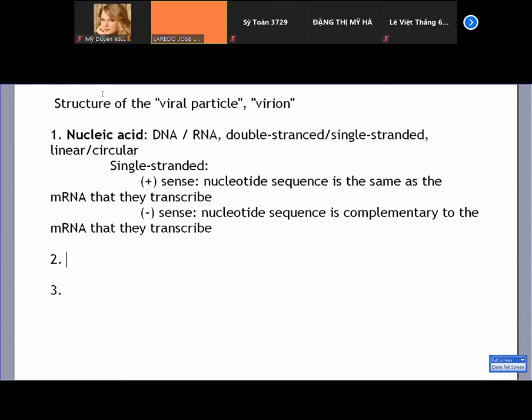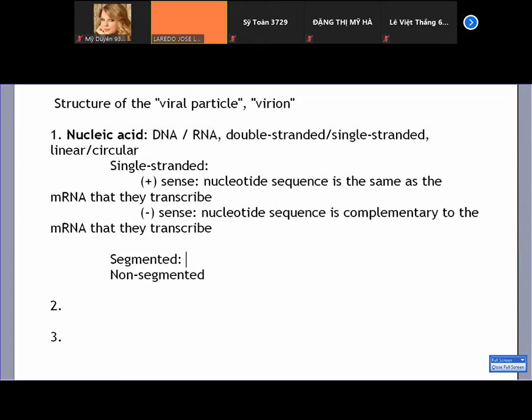Okay, so nucleic acid: DNA, RNA, double-stranded, single-stranded, linear, or circular. And when it is single-stranded, it may be positive sense or negative sense. The nucleic acid, the genetic information, may also be segmented or non-segmented. We will explain this in detail next week.